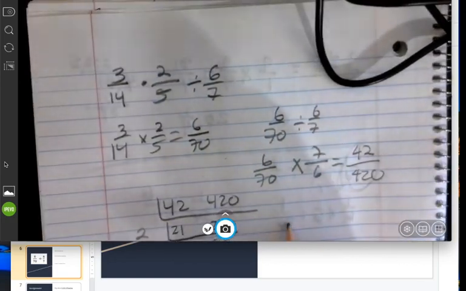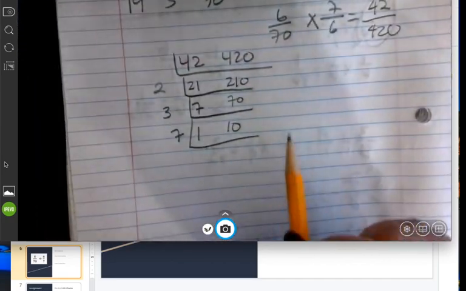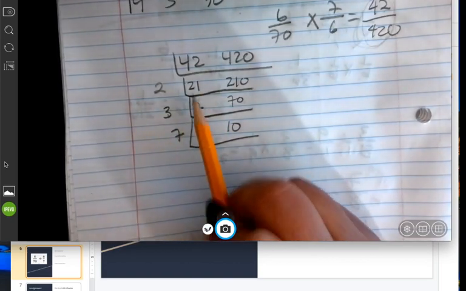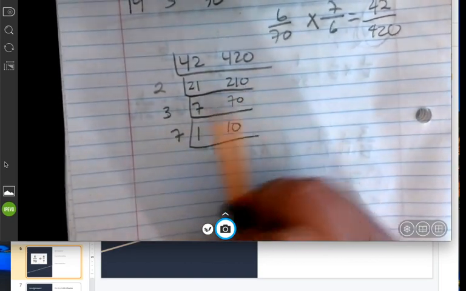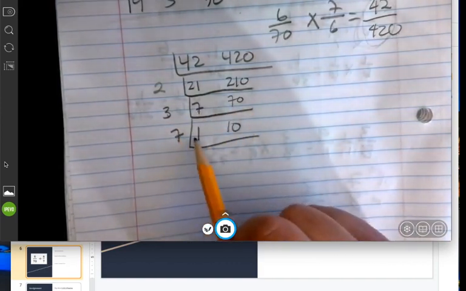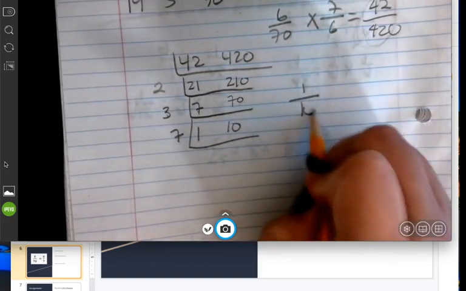So my final answer, oh, I didn't realize you couldn't even see. My bad. That happens all the time. So I put a 3 out here. 21 divided by 3 is 7. 210 divided by 3 is 70. 7 divided by 7 is 1. 70 divided by 7 is 10. So my answer is 1/10.